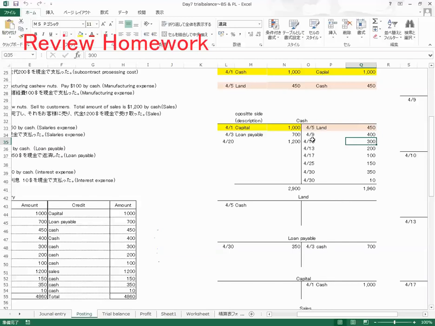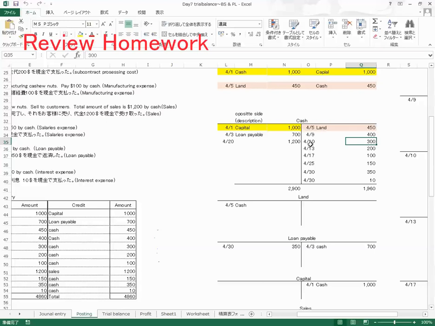So, Adi-san, if you will make accounting software, you should remember this. When you make the software or application, it is wrong to go to cash and then go to this cash.